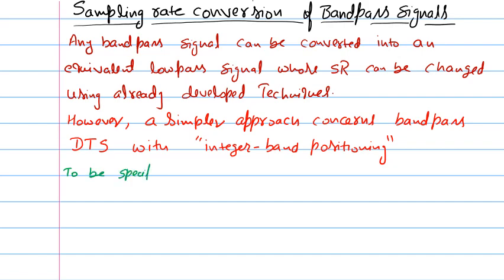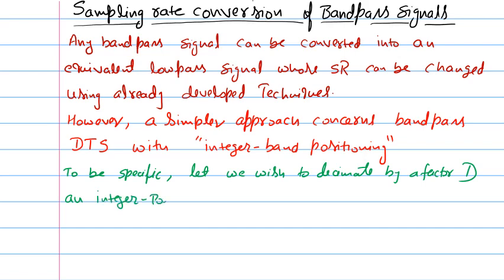To be specific, let us say we wish to decimate by a factor, say D. So an integer positioned bandpass signal with spectrum confined to the band, let me write that band.